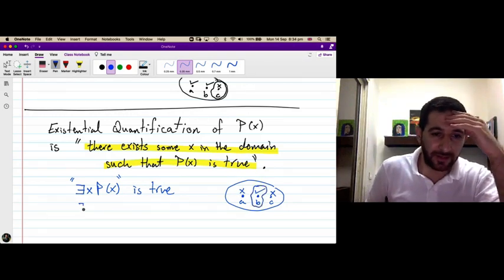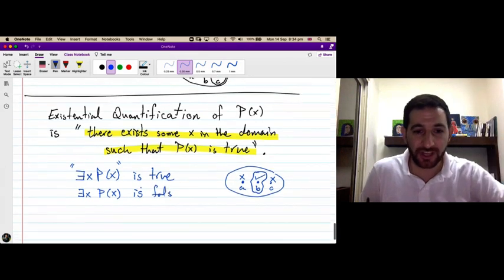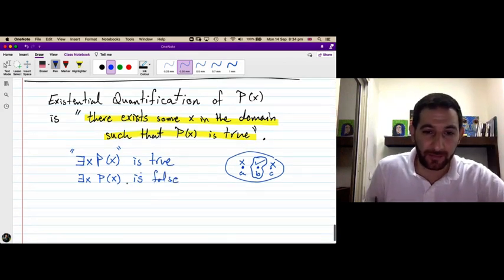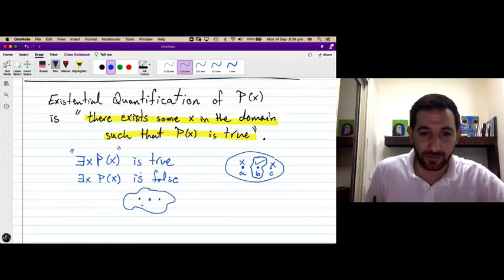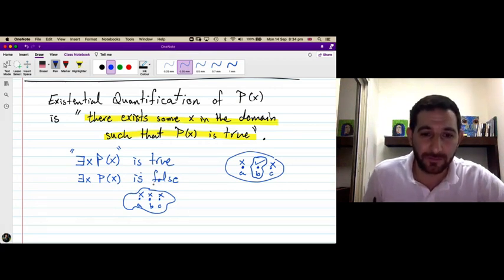Okay, now there exists x, P of x is false if you look at your domain and you check every element to see if it has property P and you can't find anyone. So say we have three elements, A, B, C, none of them has property P, and so there exists x, P of x is declared to have the truth value false.